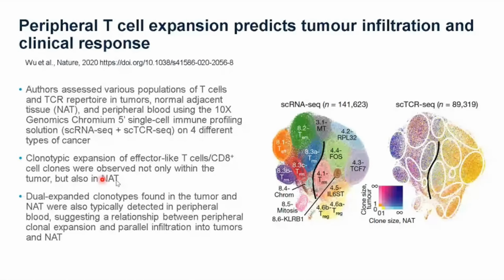What they discovered is that they are able to separate the clones for the CD8 cells and also CD4. They also discovered that the dual expanded clonotypes found in the tumor and the adjacent normal tissue were also typically detected in the peripheral blood. This suggests a relationship between peripheral clonal expansion and infiltration into the tumor and normal tissue.